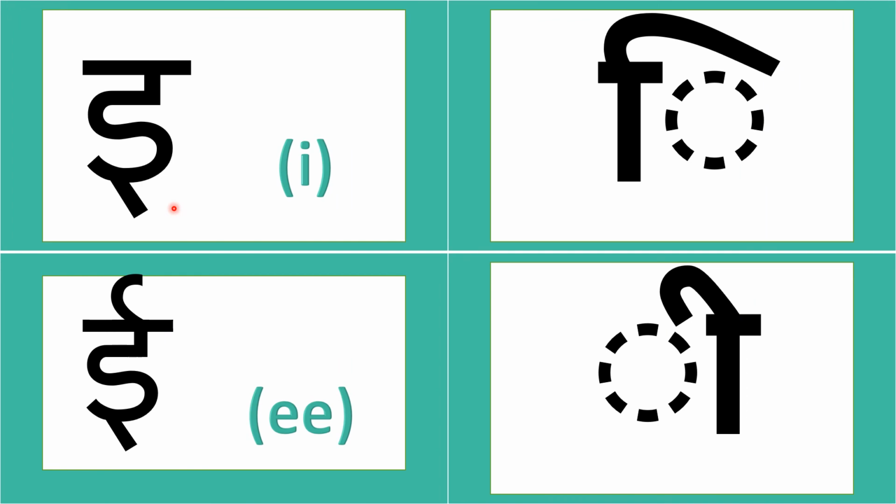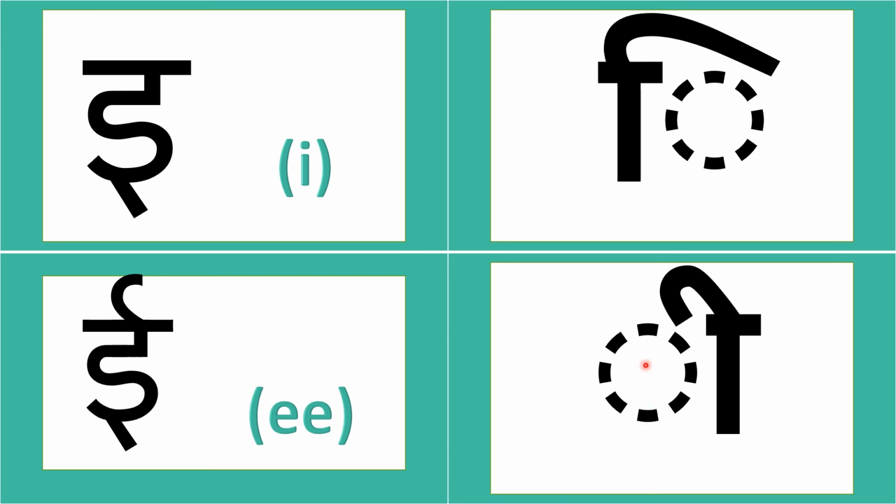For I, we are using this symbol on the left hand side of the consonant. This is, suppose, a consonant, and here is a symbol of the vowel. For Ee, we are using this symbol on the right side of the consonant. Here is a consonant, and here we are using the vowel symbol.